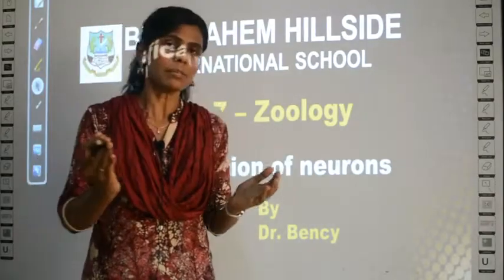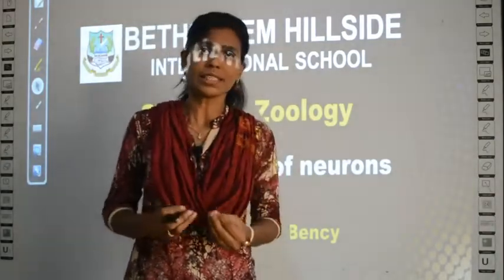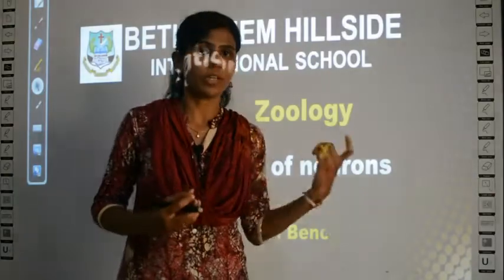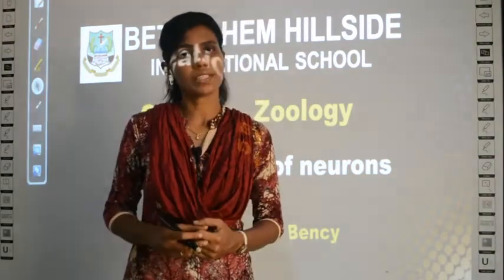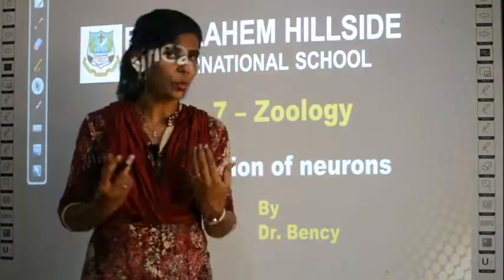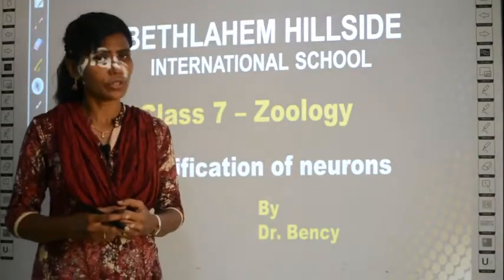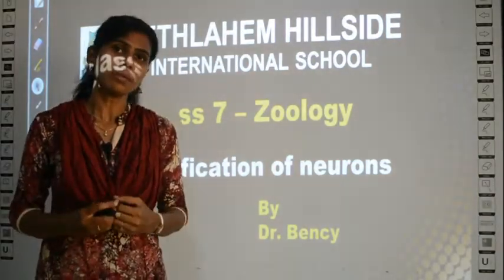The nervous system is made up of many cells, and those cells are called neurons. This you have studied in your previous class also. You have studied about the structure of a neuron, what all a neuron will have. Do you remember?